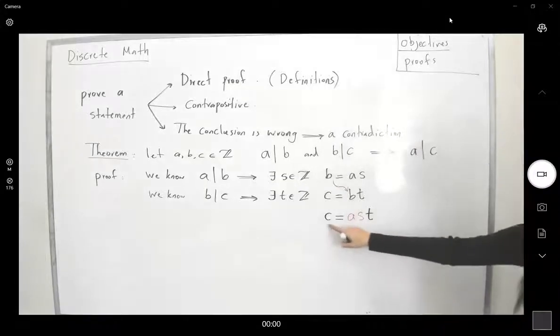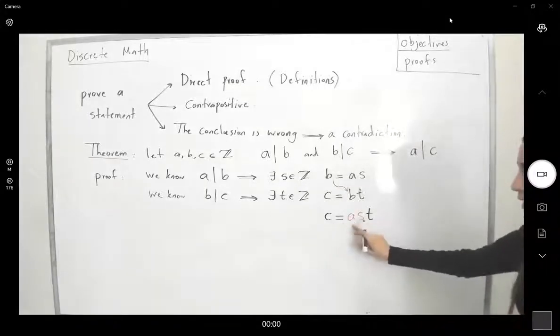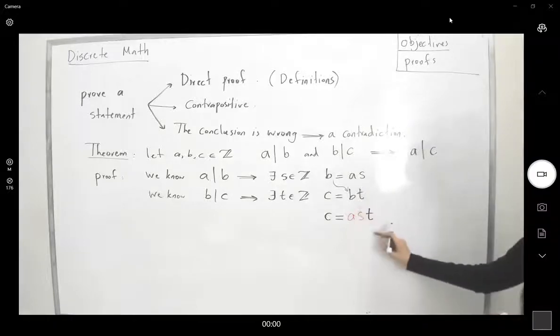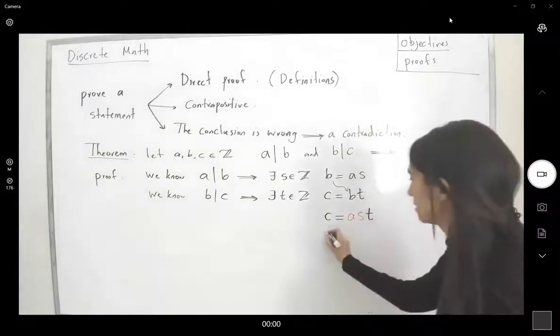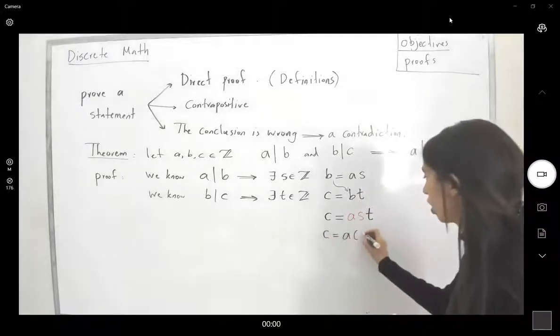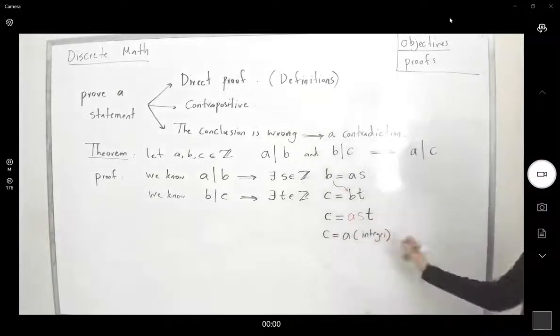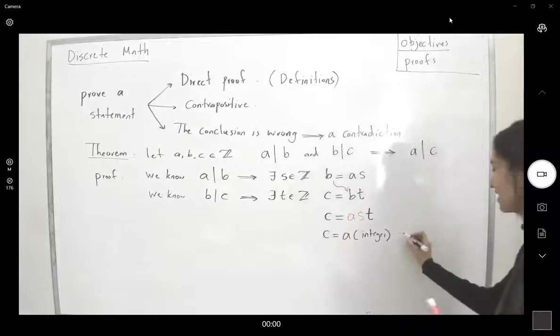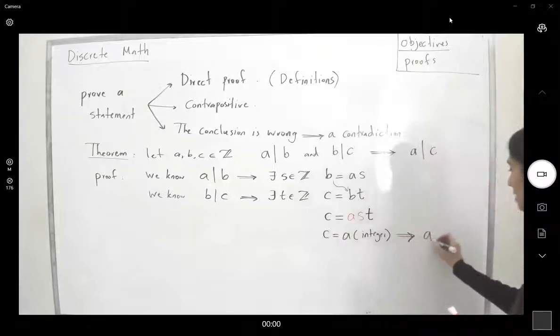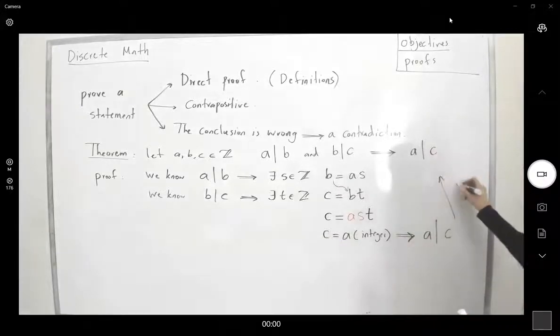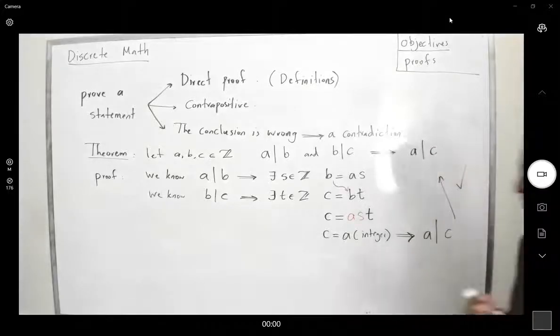It means that c is equal to a times an integer. It means that a divides c. So a divides c. The proof is done.